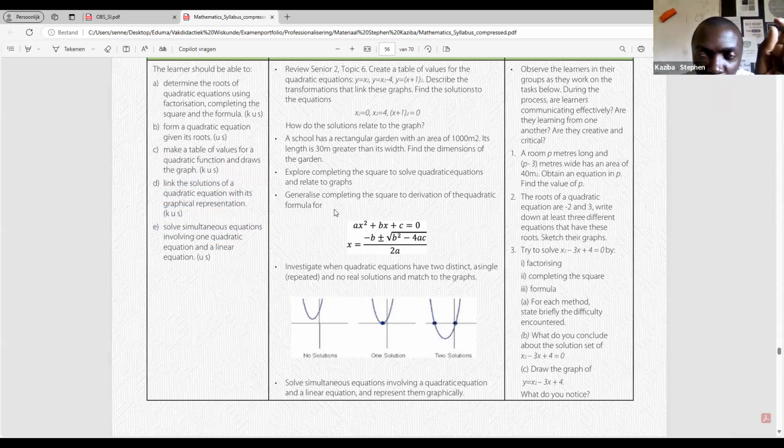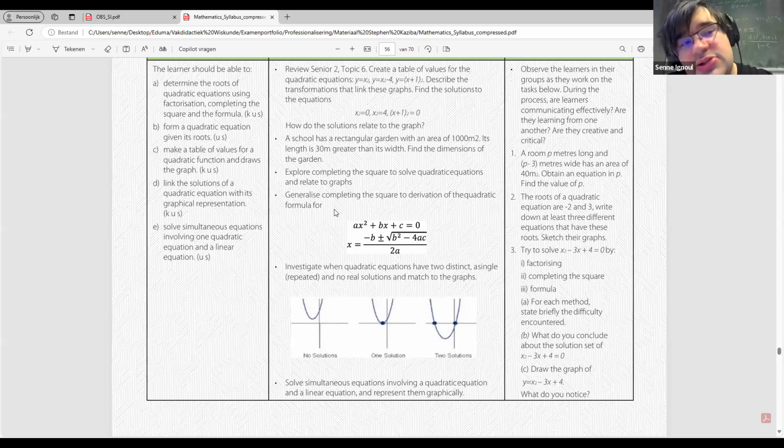So I was trying to show them how those quadratic curves can manifest themselves in real life, and how we can obtain the solution from the graph to fit into the scenario that has been provided to us. Okay. And then the question was more about what was their prior knowledge.